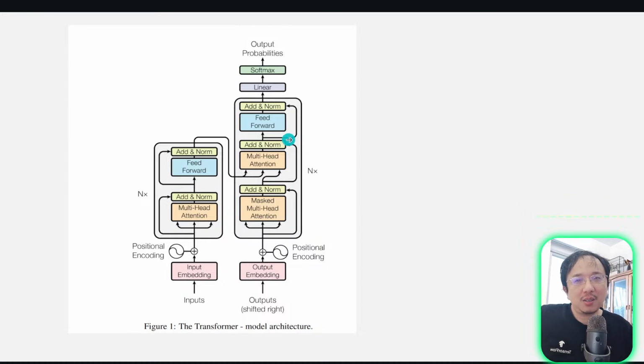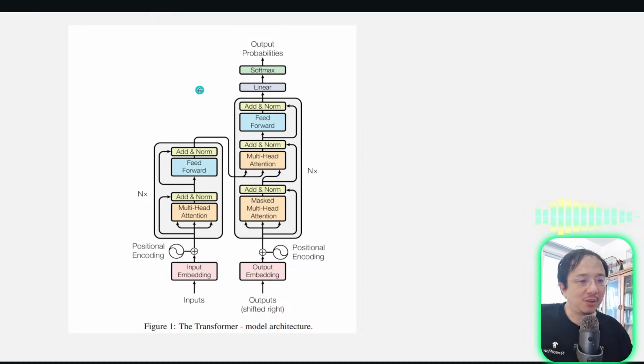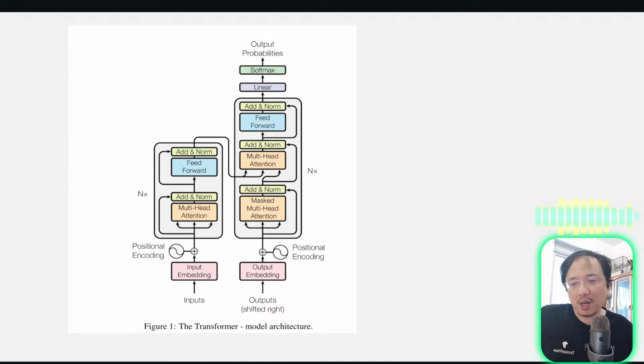The decoder, like what we see, if we remove this part, it can also work alone. So if we remove this multi-head cross attention, what is the difference between an encoder and a decoder? I mean, the encoder right here and the decoder here. Aside from the softmax and the linear part, because that is related to the loss and the output, beside that, they are pretty much the same.